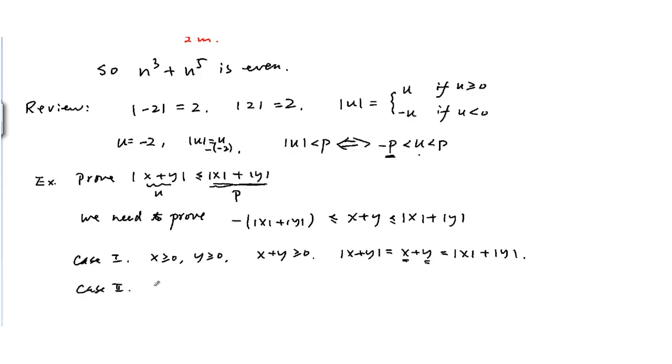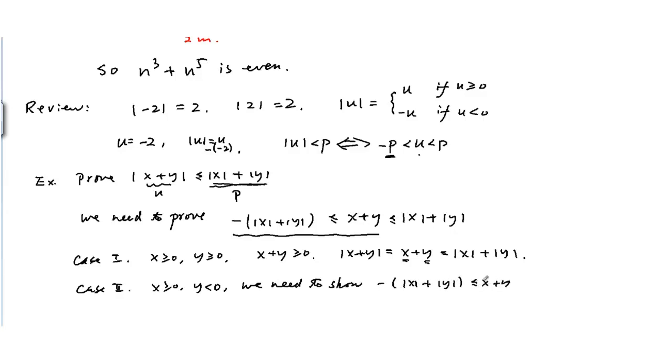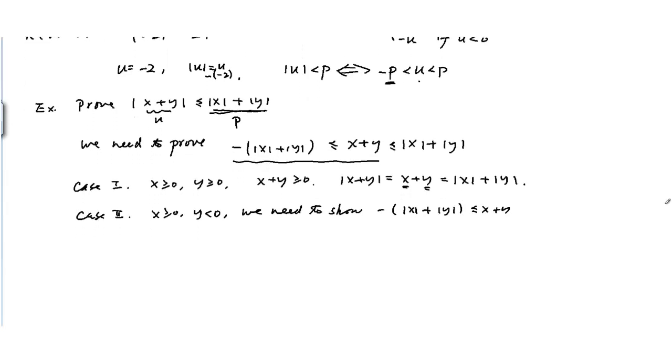Case 2, x is greater than or equal to 0, y is less than 0. We need to show that negative absolute value x minus absolute value y is less than or equal to x plus y, which is less than or equal to absolute value x plus absolute value y. To see this, let's look at the right-hand side, x plus y.